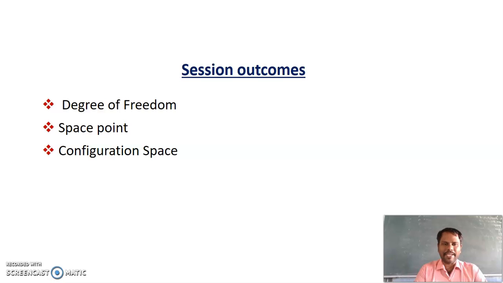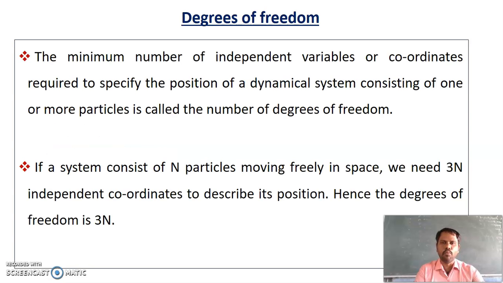The motion of a particle along its path can be described by its position vector. That is, r is equal to r as a function of x, y, z, t. Let us consider a particle moving in a straight line.